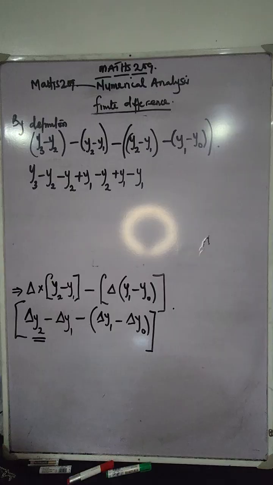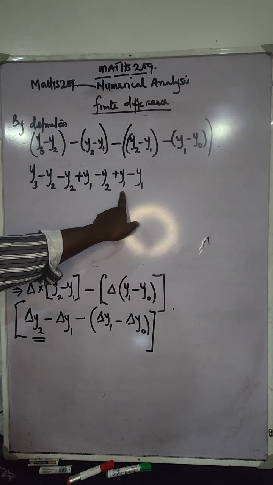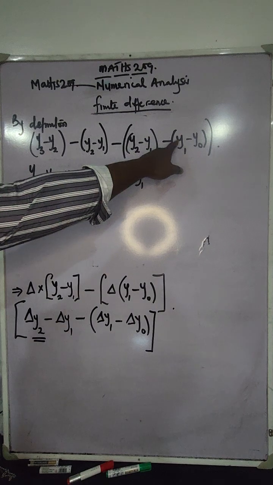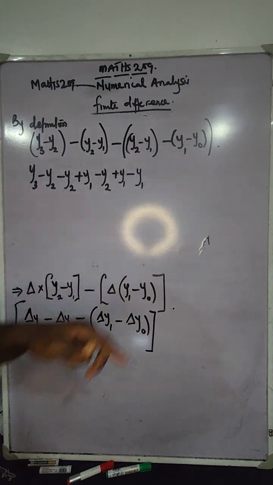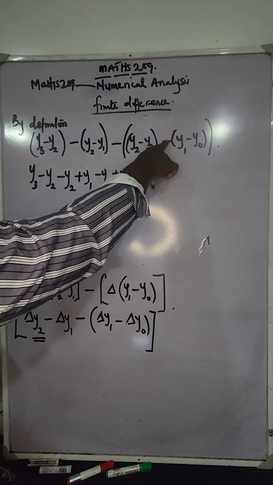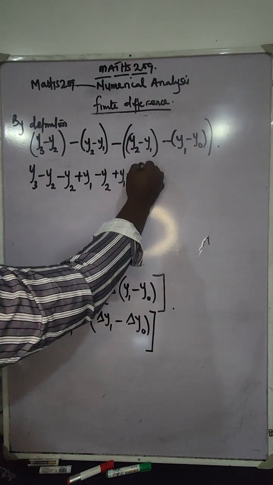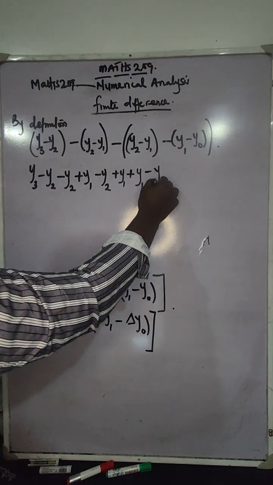Let's see that together. This is minus y2 plus y1. Okay, this is minus y1, but minus times minus is plus y1. Then minus times minus is also plus, so plus times minus is minus y0.